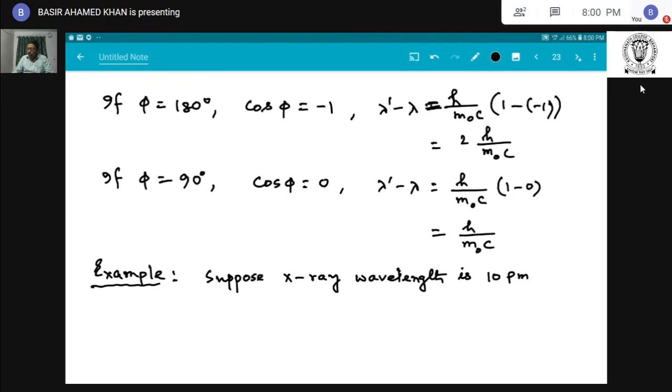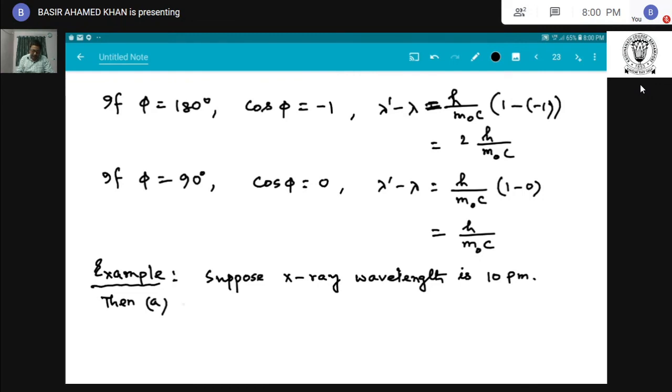Then find the wavelength of the X-ray scattered through an angle of 45 degree.